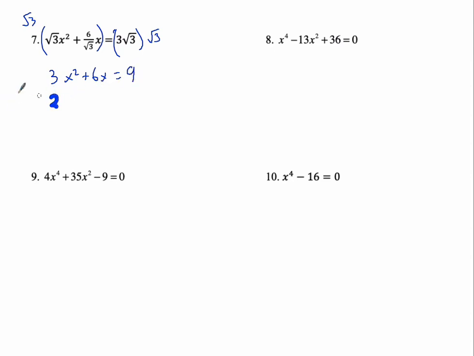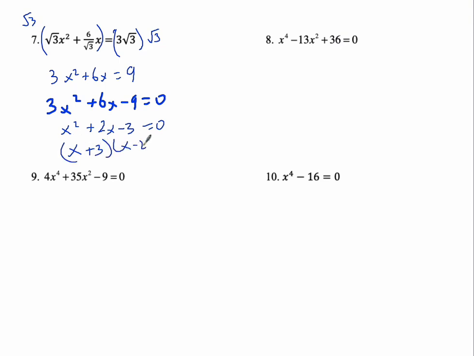Let's get 0 on one side. You can divide everything by 3 because it's an equation. And that factorizes to x plus 3, x minus 1. So x equals negative 3 or 1.